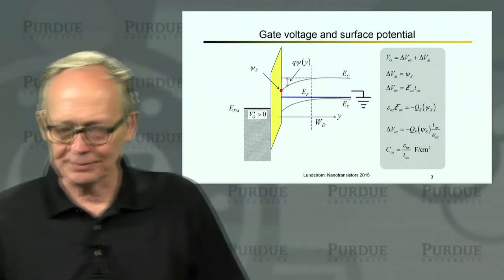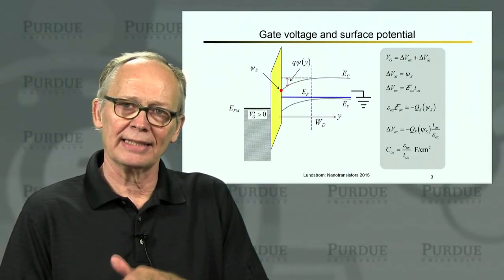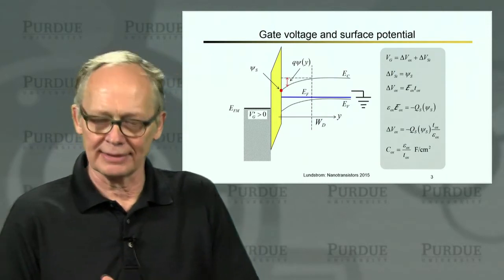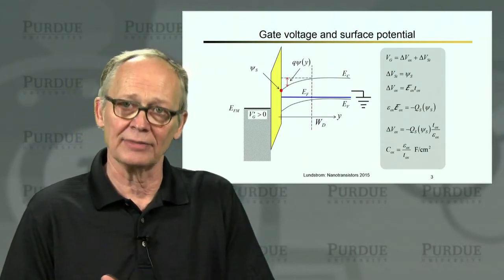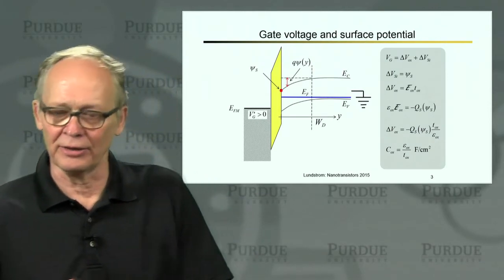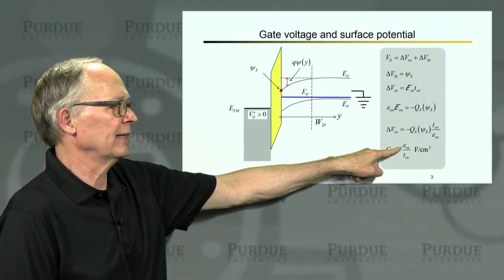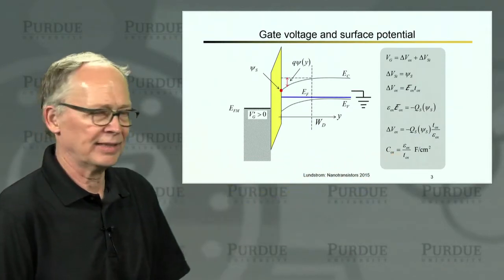Now we'll define something. If I just made a parallel plate capacitor and put the oxide in between, I would get some capacitance that depended on the area of the plates. If I ask what is the capacitance per unit area of that capacitor, it's the dielectric constant of the oxide divided by the thickness of the oxide.